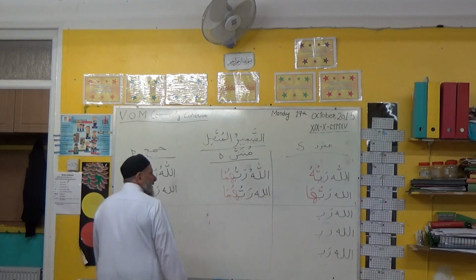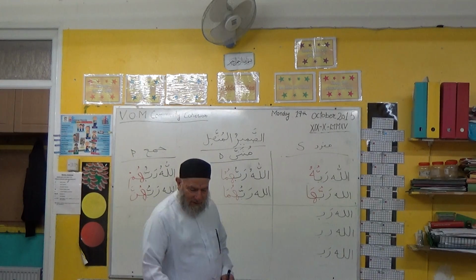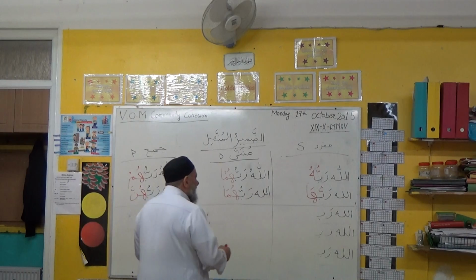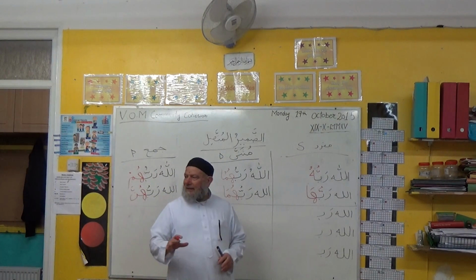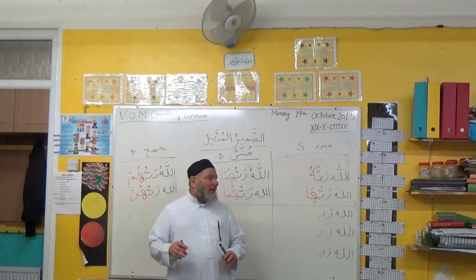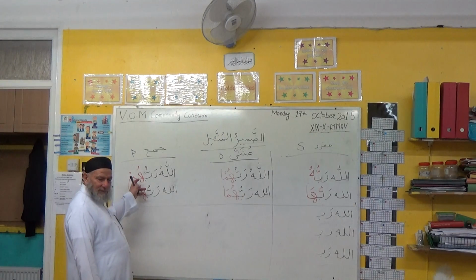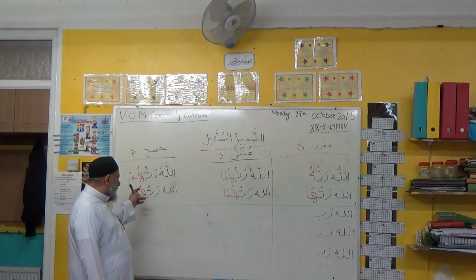Now we come to the second person. Here we use the letter K. We start with K, and then we add Ma, Kum and Kunna.